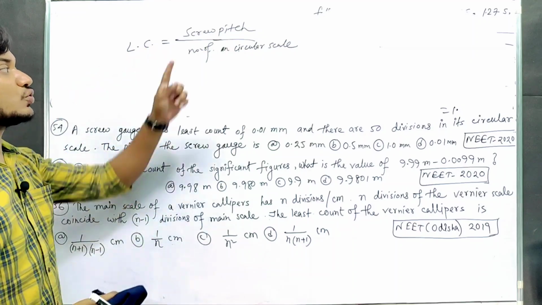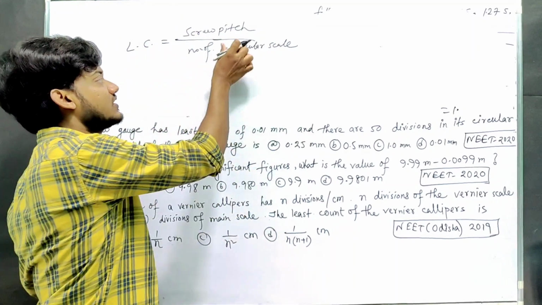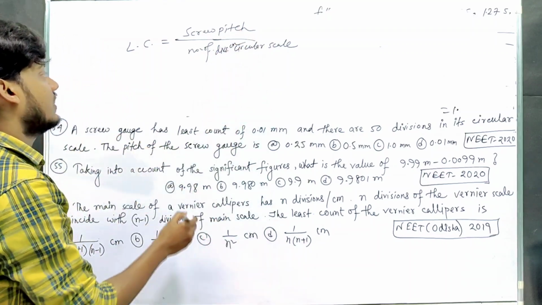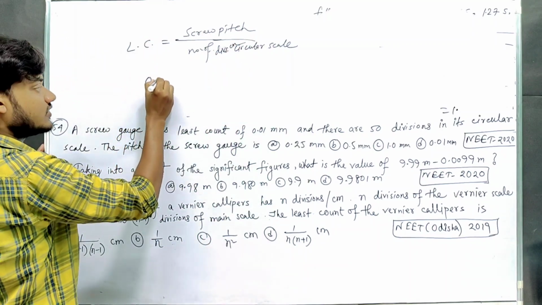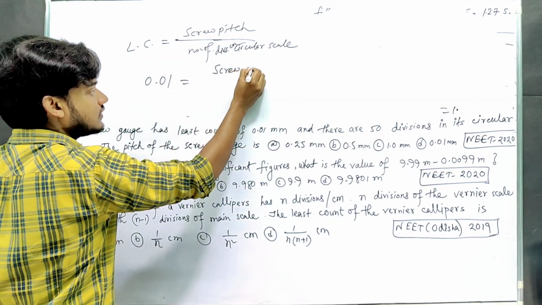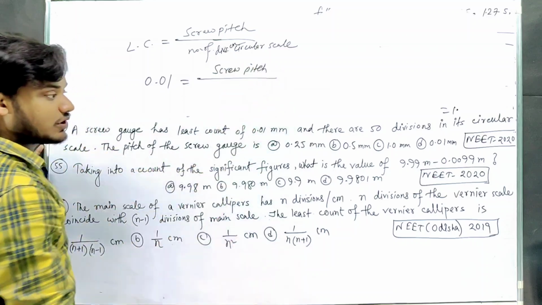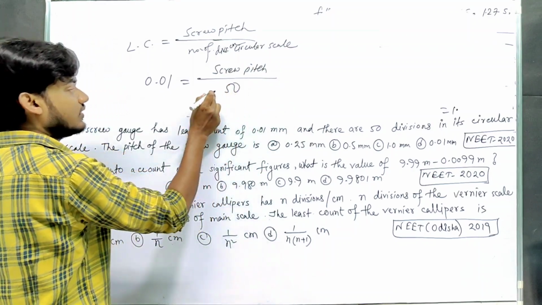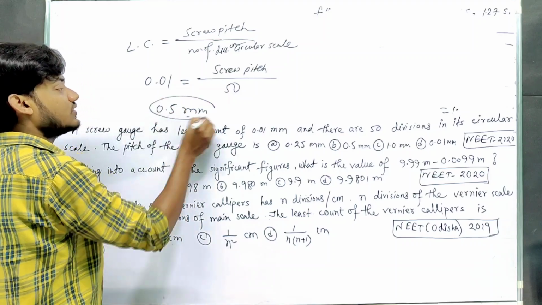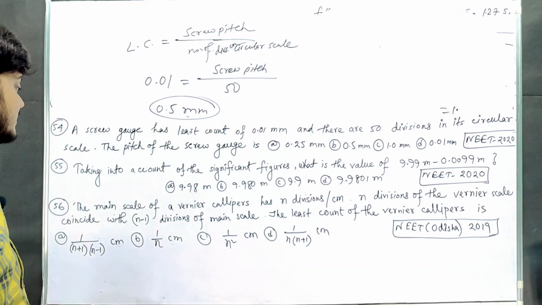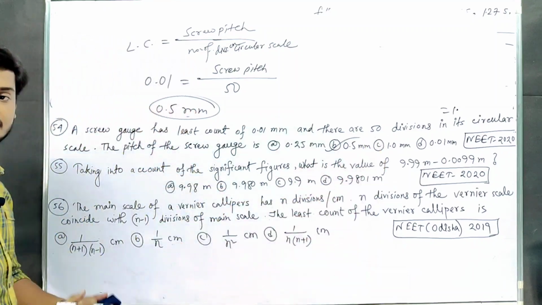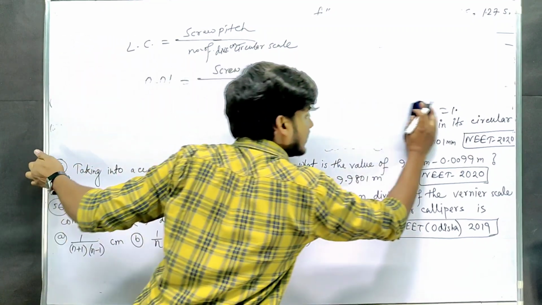Least count is 0.01 millimeter. We have to calculate the screw pitch. Number of divisions is 50. So if we multiply, we get 0.5 millimeter. So the answer is 0.5 millimeter screw pitch. Option B is the right answer. Next.